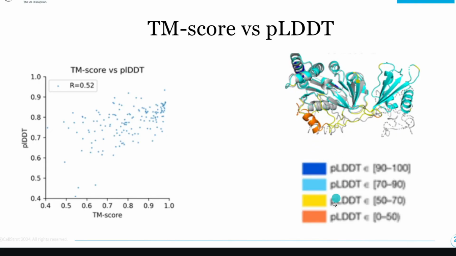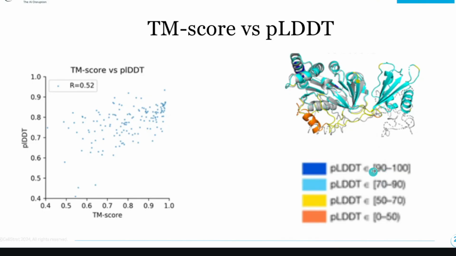Here you can see that the pLDDT score is 0 to 50 in some places, whereas at some protein structures the dark blue here is 90 to 100. Most of them are light blue, which means that it lies in the range of 70 to 90. So this pLDDT score suggests that this protein structure cannot be highly reliable, because most of it is light blue, which comes under the category of being moderately reliable, where the score is around 70 to 90.